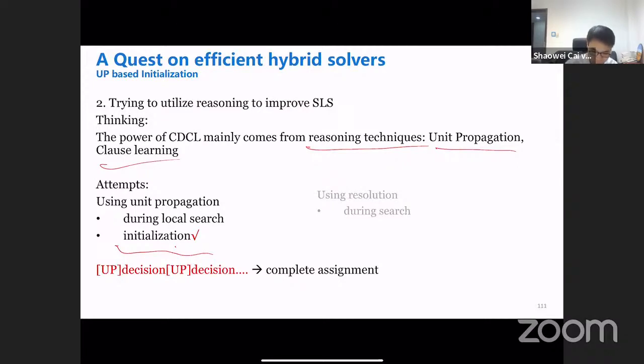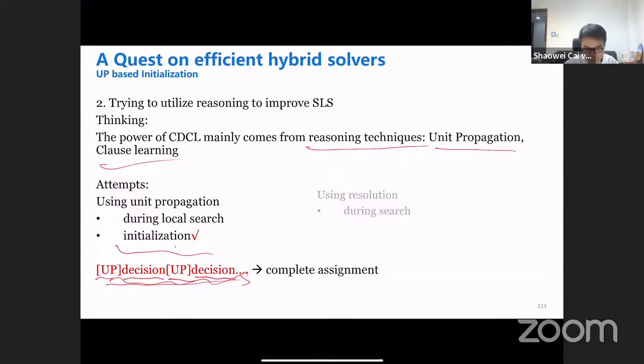And a straightforward way is to do a branch like in CDCL. We do a UP, and if we cannot do UP, we pick a variable and assign the variable. And once we observe unit clauses, we do UP again until no more UP, and then we assign again.